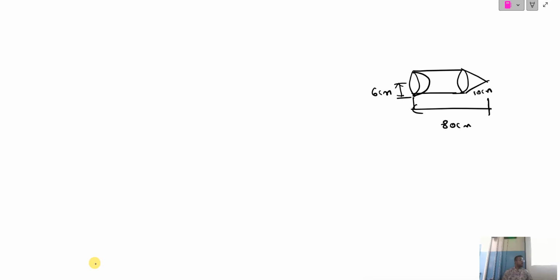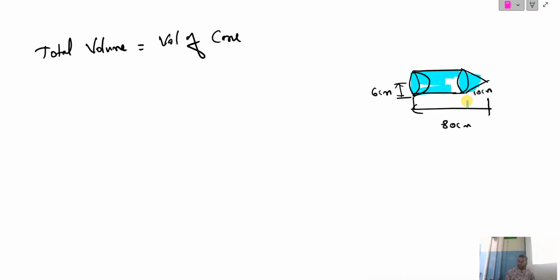Clear? Now, as you can see, if you want to find the total volume of this, first what should we take? Volume of cone. Clear? Volume of cone we want, plus volume of cylinder, this total.